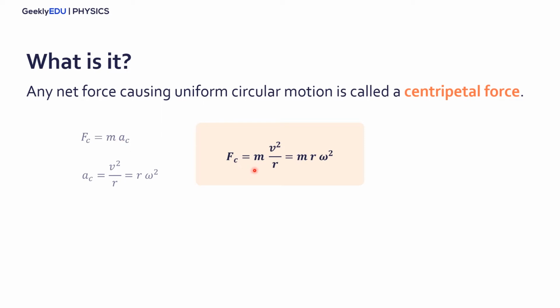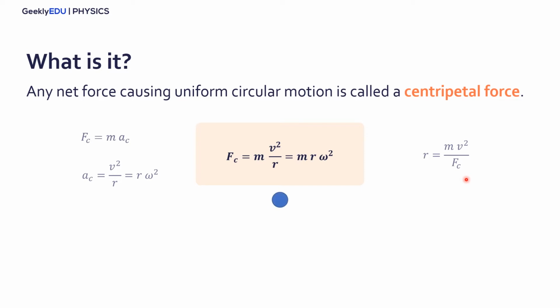Well, you can just add this in this formula here. So we know that the centripetal force is the mass times v squared over r, or m r angular velocity squared. An interesting thing here is that when we isolate the letter r, we notice that the radius and the centripetal force are inversely proportional.